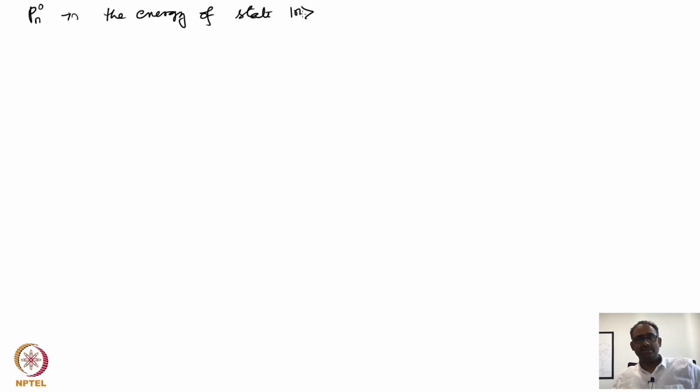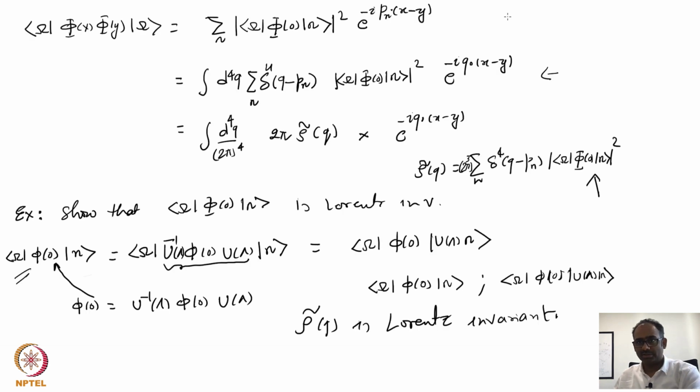Now, if that is the energy, energies are positive. So, Pn0 is always positive, because I have taken the ground state to have the lowest energy. So, any other state would have a positive energy. So, Pn0 is always positive.